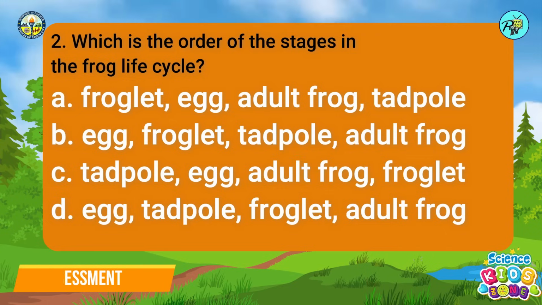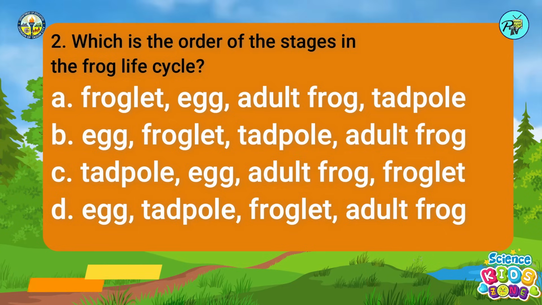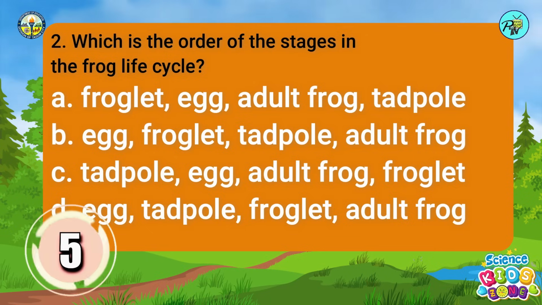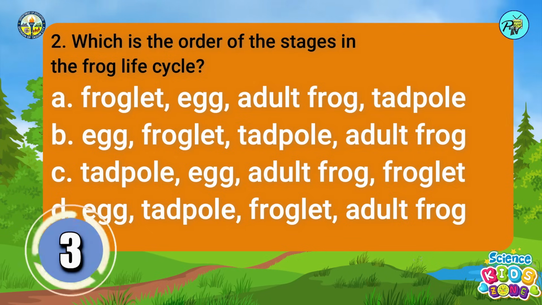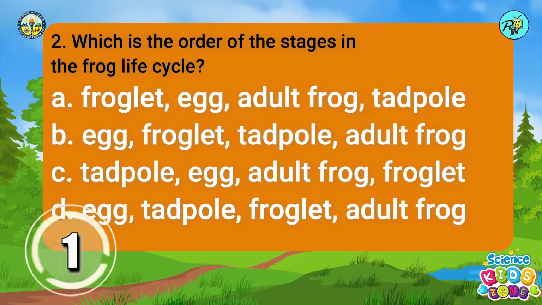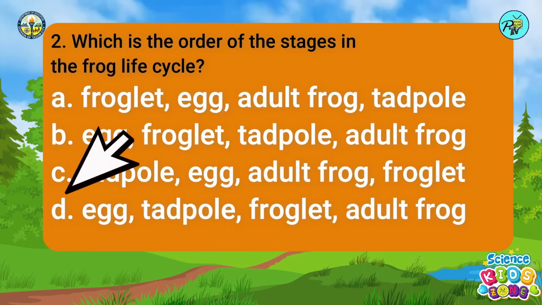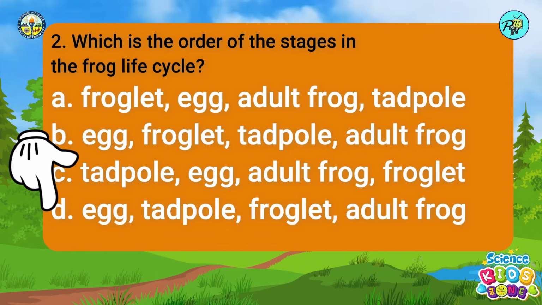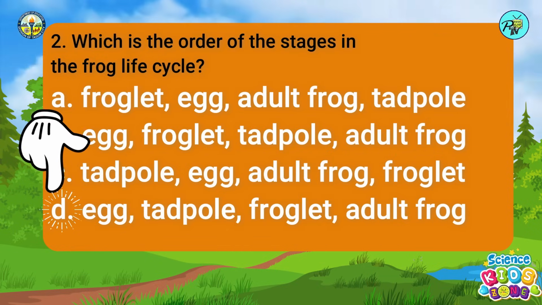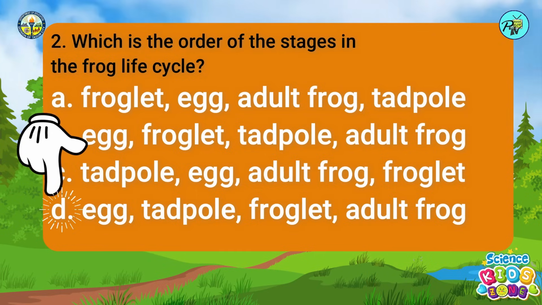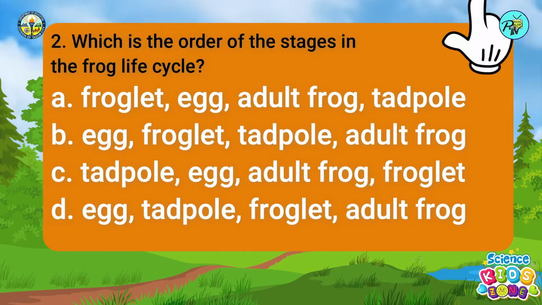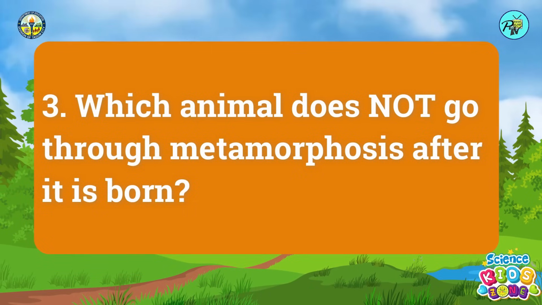Letter D. Egg, tadpole, froglet, adult frog. What is your answer, kids? Very good! The correct answer is letter D. Egg, tadpole, froglet, and adult frog. Let's proceed to number 3.